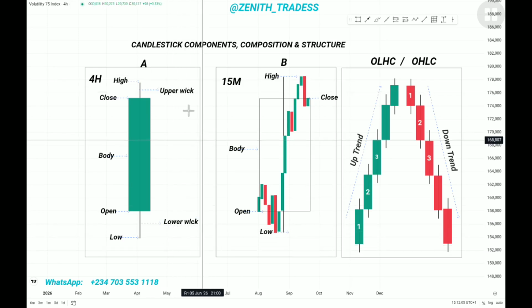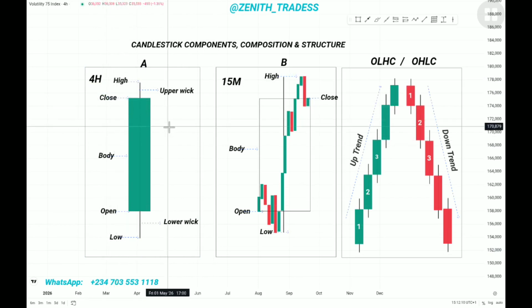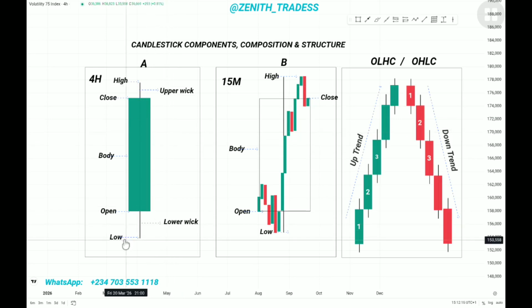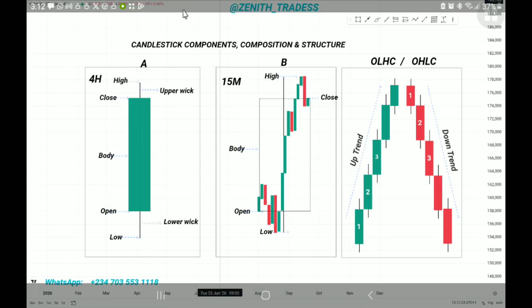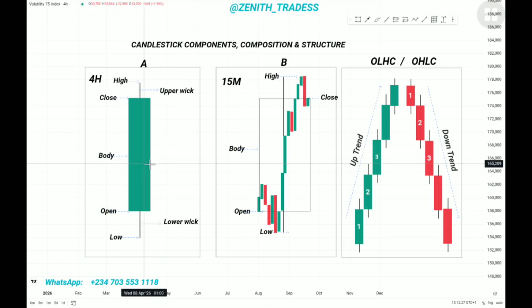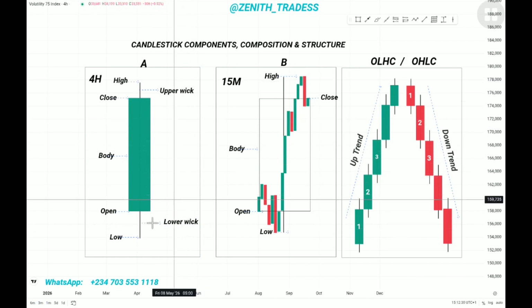This is a bullish candle, and we assume this is a 4-hour candle. It's a schematic diagram, but we assume it is a 4-hour candle. So in this 4-hour candle, there are 6 components: low, high, open price, closing price, body. The distance between the opening price and the closing price is what we refer to as the body. Then we have the lower wick and the upper wick. Let me explain these components.